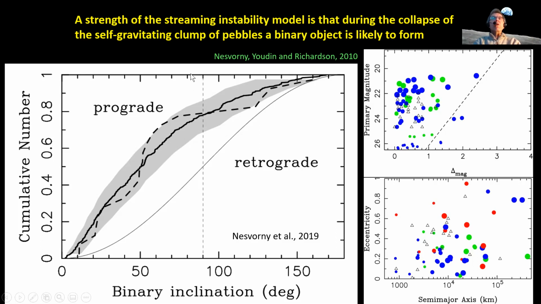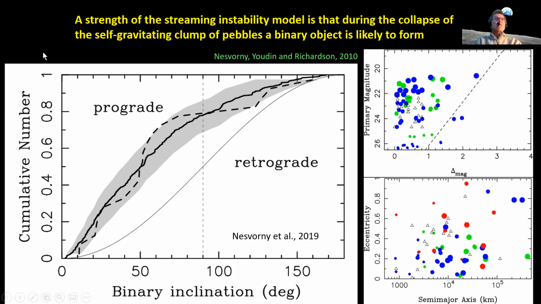And this is the only model of formation of Kuiper belt binaries that is able to reproduce these statistics of prograde versus retrograde binaries. So this is a very strong argument in favor of the fact that planetesimals do form from the contraction of self-gravitating clumps of particles, clumps that form due to various hydrodynamical instabilities and particle-gas interactions.